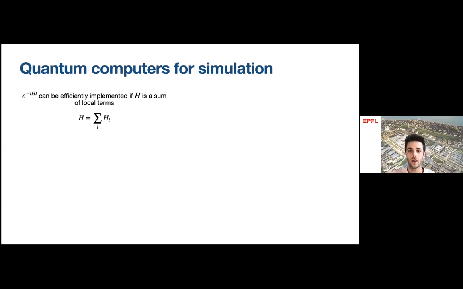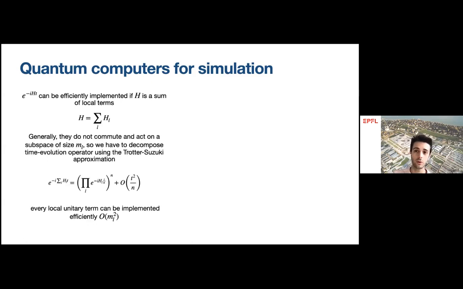So we have, like, two spins, two-body interactions. So we have terms of the Hamiltonian that act only on the subspace of these two particles that interact, and not all the particles at the same time. So these are local terms. And this has been demonstrated by Lloyd in 1996.